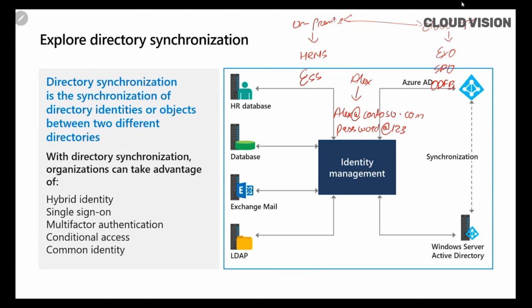Alex will use the same set of credentials to access their on-premise resources, and the same set of credentials to access their online or cloud resources. It also becomes easier for you as an administrator to manage these identities, as they are synchronized on both platforms.